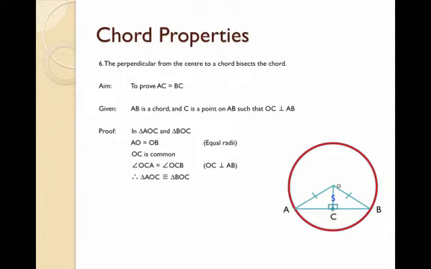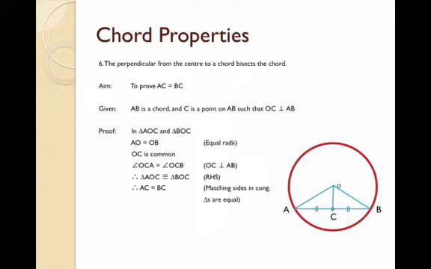So we have proven that triangle AOC is congruent to triangle BOC because of right angle, hypotenuse, side. Therefore, AC equals BC because matching sides in congruent triangles are equal. We have now seen that if we draw a line perpendicular to a chord from the center, it will cut the chord at its midpoint.